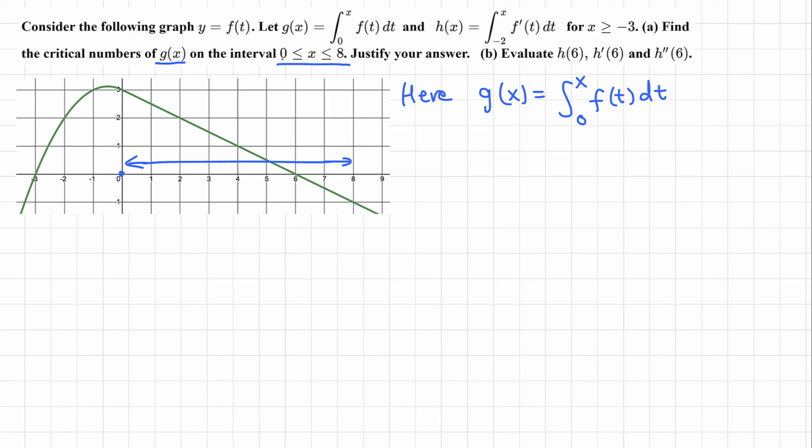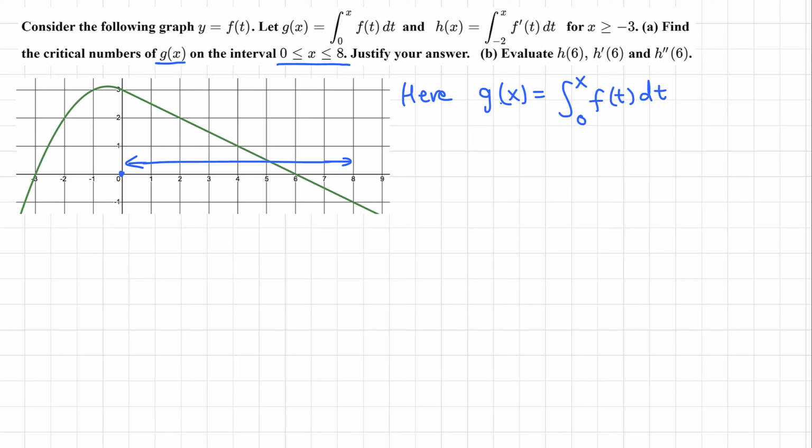Okay, so critical numbers are related to the first derivative of a function. So we need to find the first derivative of this function g, and the x values where the derivative is 0 or undefined are critical numbers for the function.